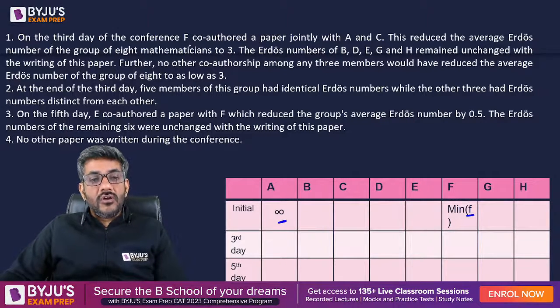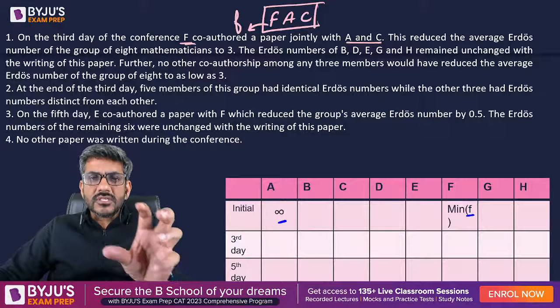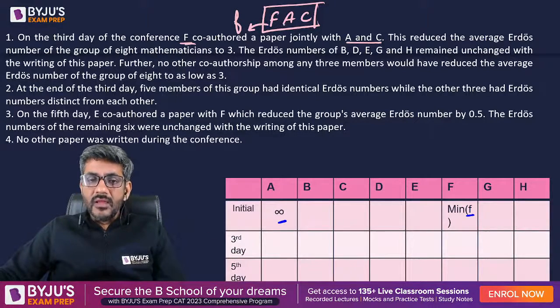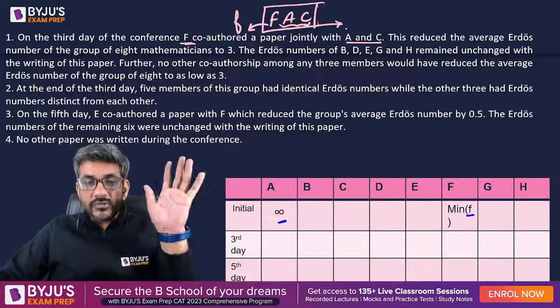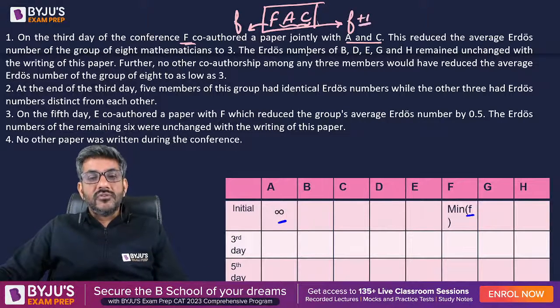On the third day of the conference, F co-authored a paper jointly with A and C. So on the third day, F, A, and C co-authored a paper. We already know that F has the smallest ERDOS number among all. So of course, among A, C, and F also, he would be having the smallest ERDOS number. And going by the information given to us before, if any person co-authors a paper with someone, तो जिसका smallest ERDOS number होता है, the others have an ERDOS number of one more than that.